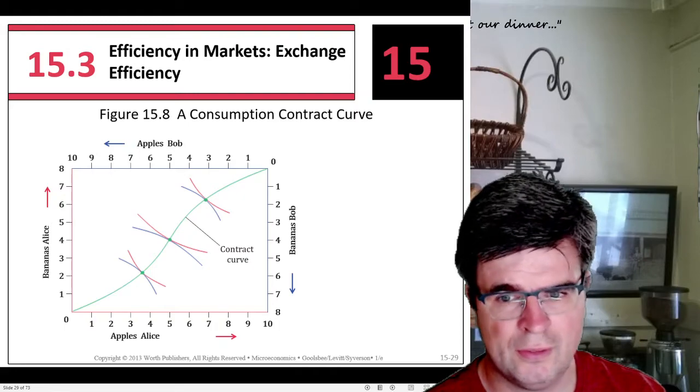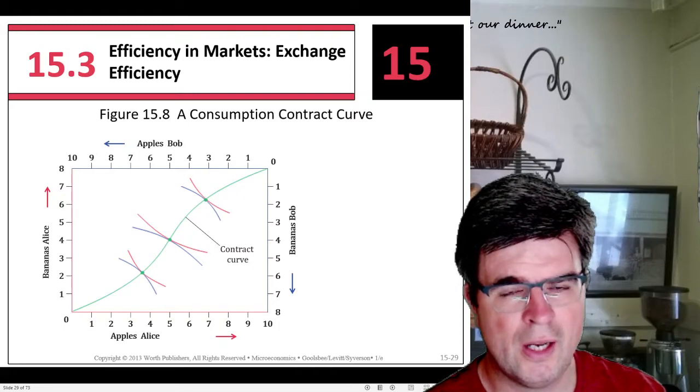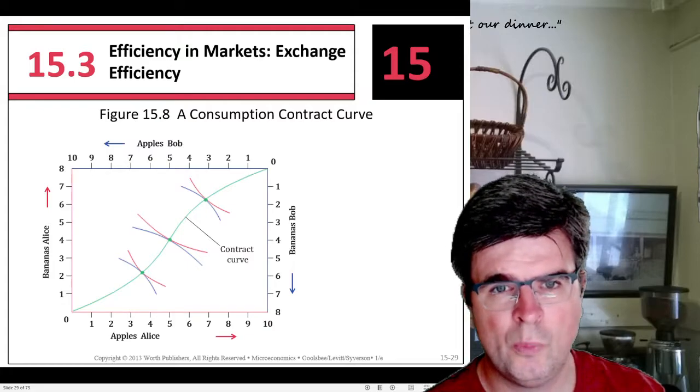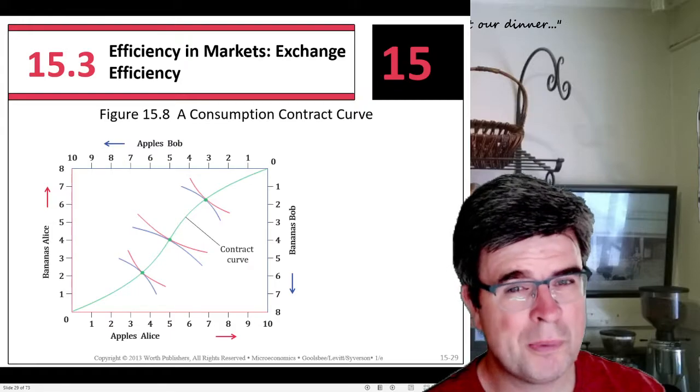It's a very nice result, but it raises another question, and that is, okay, given that we have a set, this green contract curve, an infinite set of Pareto efficient allocations, which one is optimal?